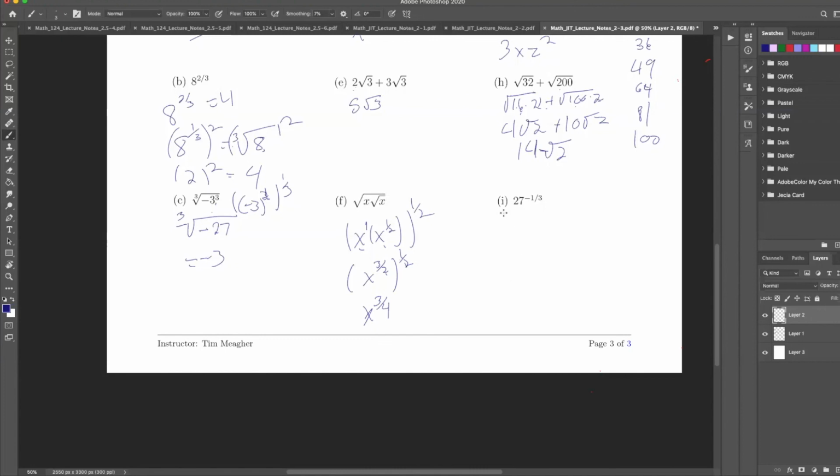So real quick, what's the answer to I? Let me have you do at least one. Go ahead and do I for me and write the answer into chat. You're going to use 2 different rules here. You're going to use the negative rule to move something down below, and then you can convert it into a cubic root. So give it a try, and I'll show you the steps after I have a couple of people try.